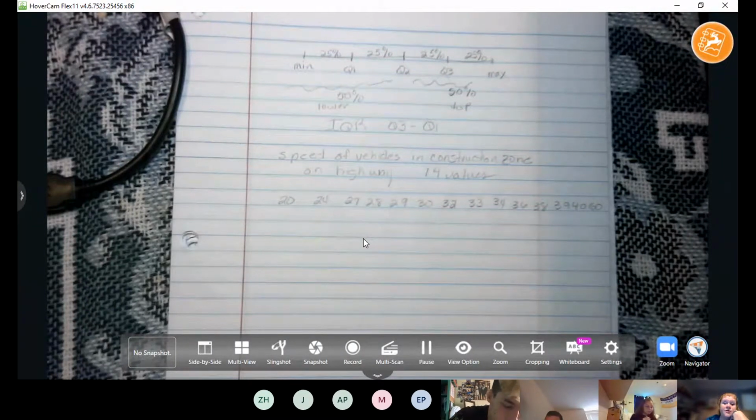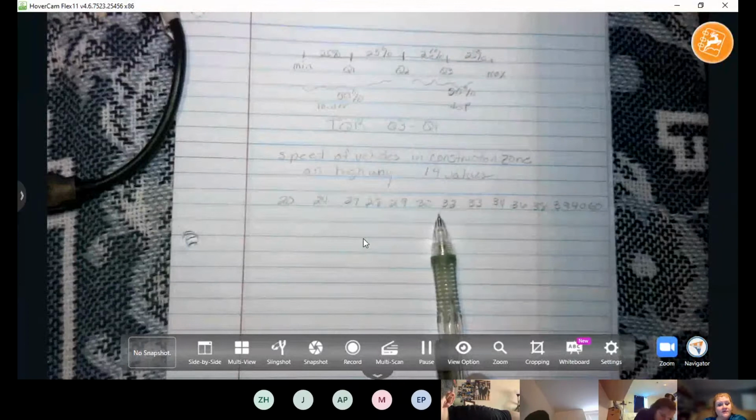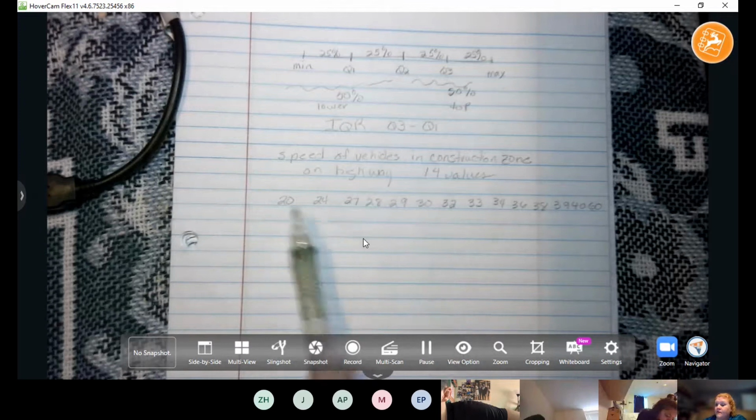No. So how do you find the middle number? You take the two numbers in the middle and you add them together and you divide by 2. So which two numbers are in the middle? The 7th and the 8th one.